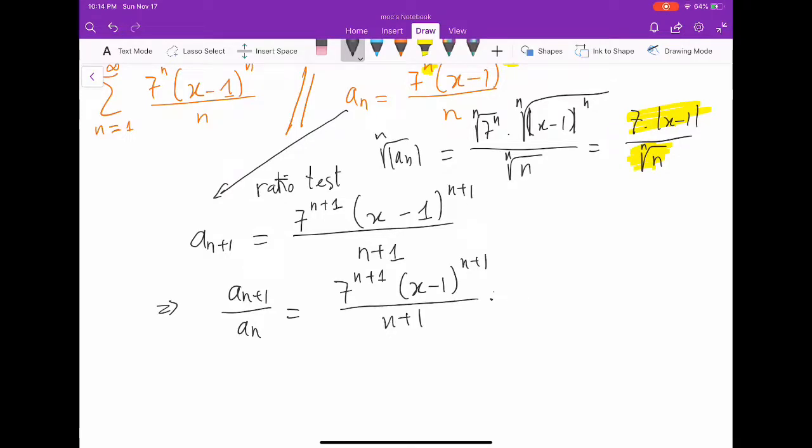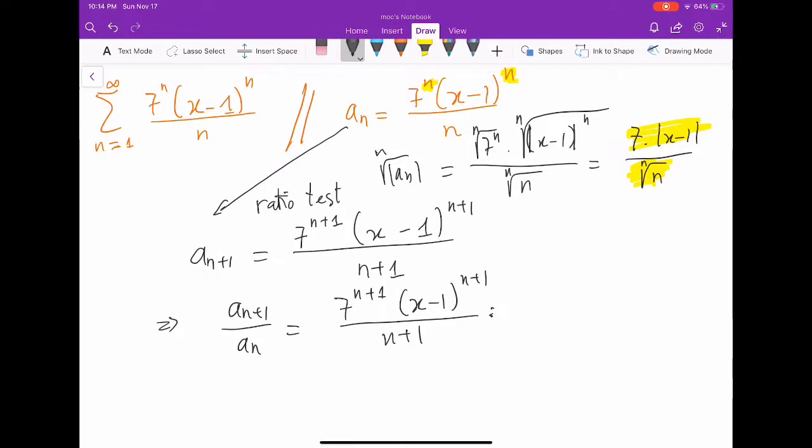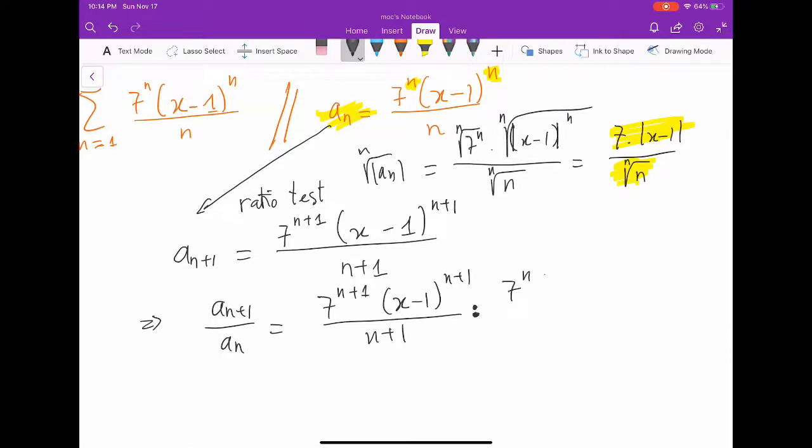Then you divide by a_n, but your a_n looks like this. So you flip that, you multiply by the inverse, okay? So I write, divide by 7 to the n, (x minus 1) to the n over n.